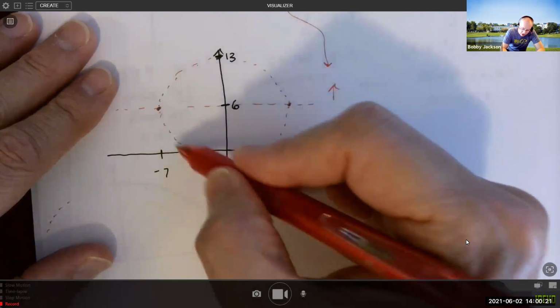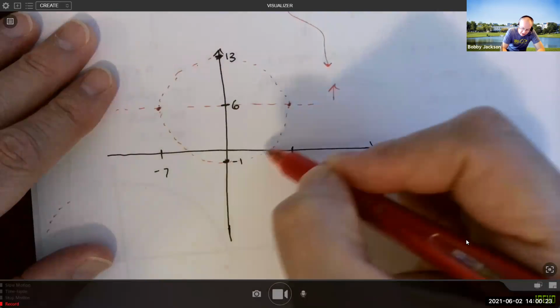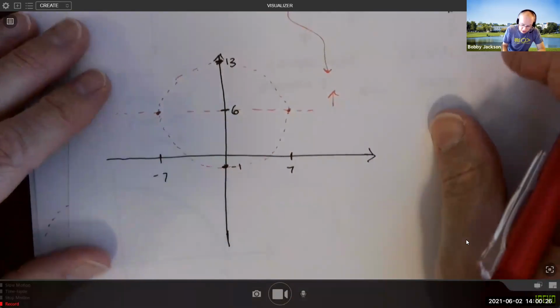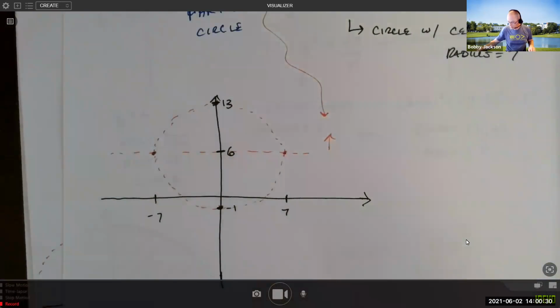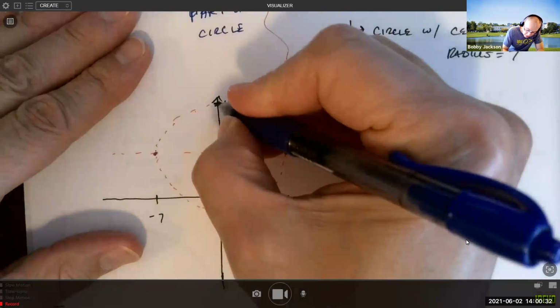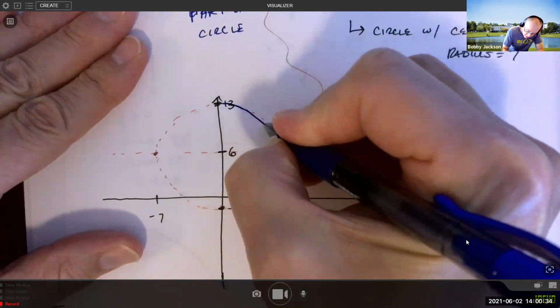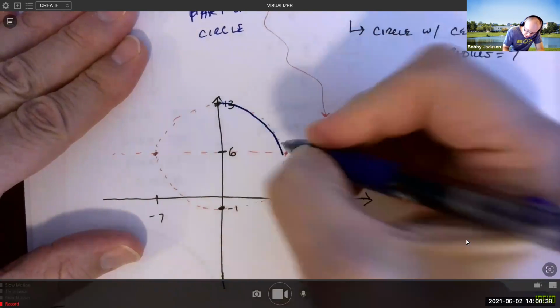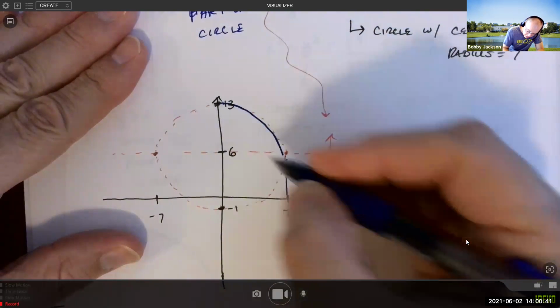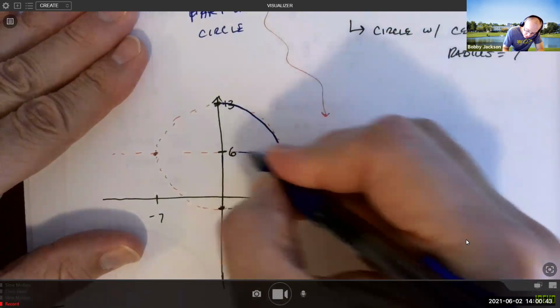So there's my circle. But remember, the integral is going from 0 to 7, so here's the only portion we're talking about. I'm integrating this portion from 0 to 7. What I have is two regions here.